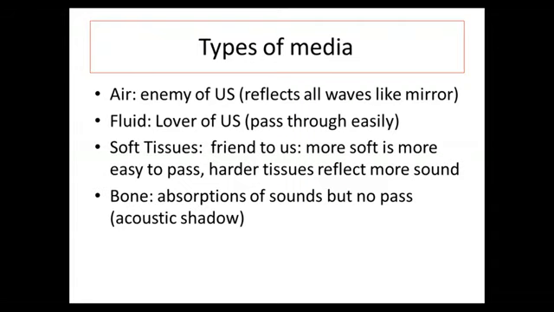Or fluid. Fluid is a lover of ultrasound, and fluid can let ultrasound pass easily through it. Soft tissues, and more soft tissues also allow ultrasound to pass easily, and harder tissues will not allow ultrasound to pass as easily as soft tissues.